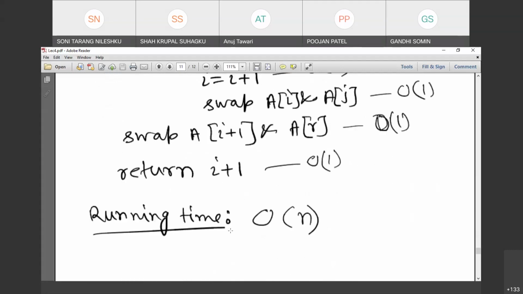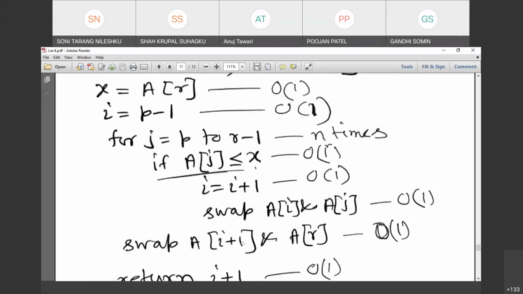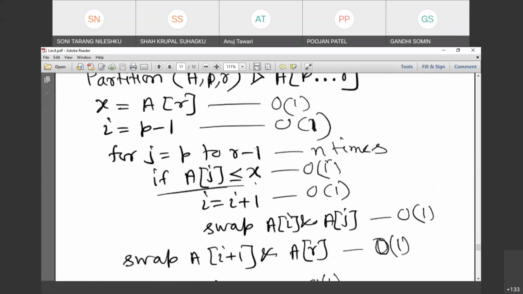Right? So let's just see. All these operations take a constant amount of time. You are just swapping, adding, comparing, or setting a value. Overall, it is easy to see that this takes order n time.